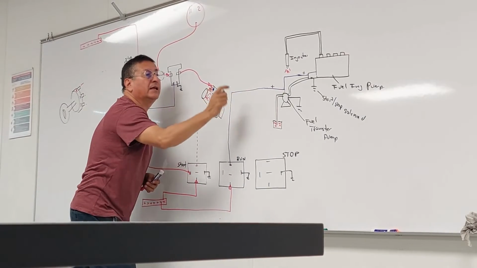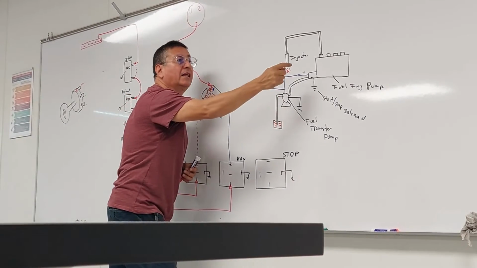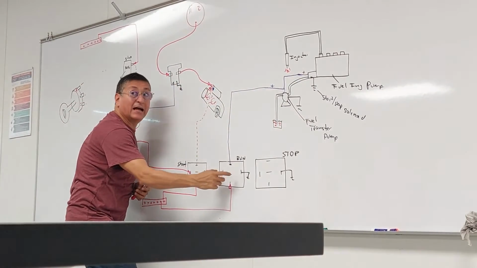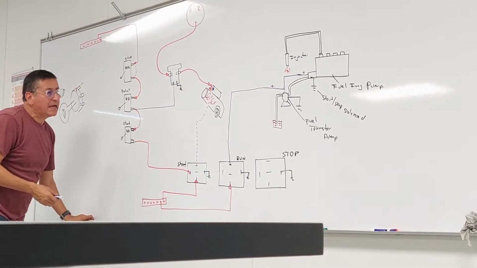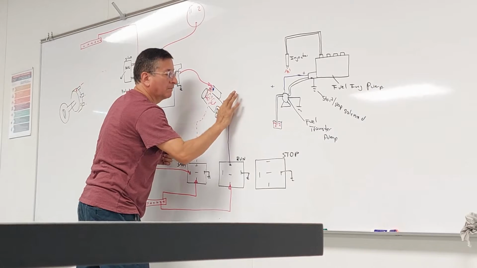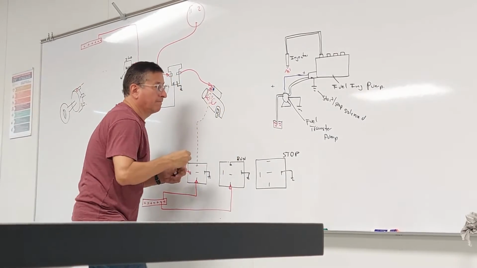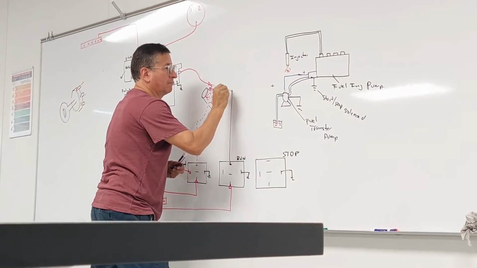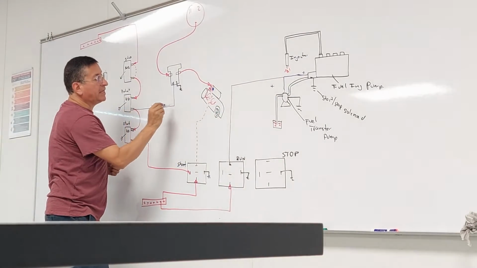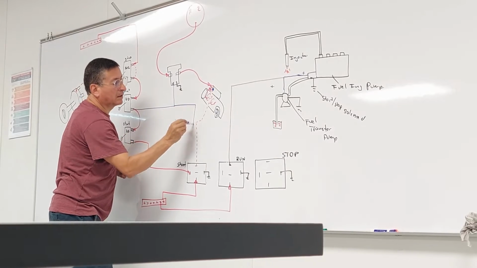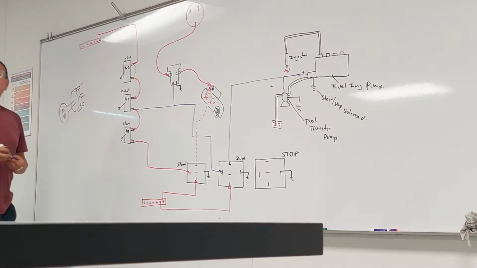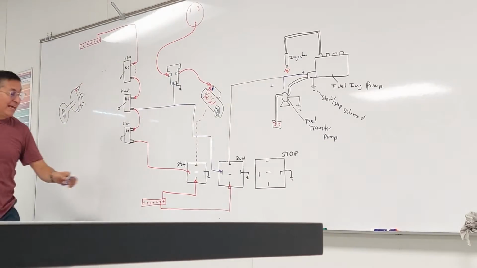In this moment, are the fuel transfer pump and the fuel injection pump running? No. I need a signal. Okay. I am going to bring from the preheat signal here. And now I am going to try to start the engine again.